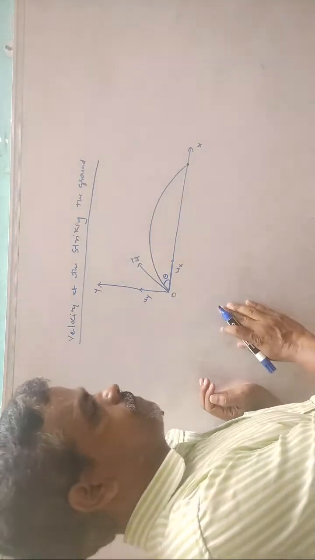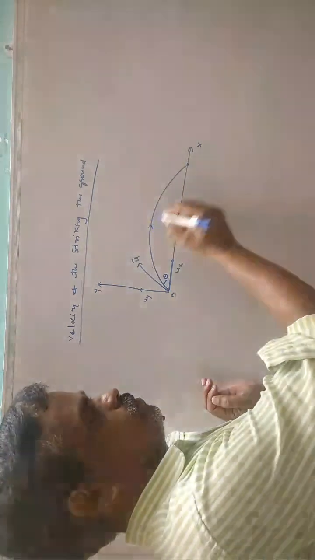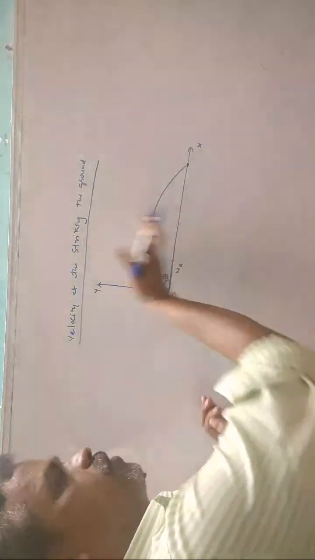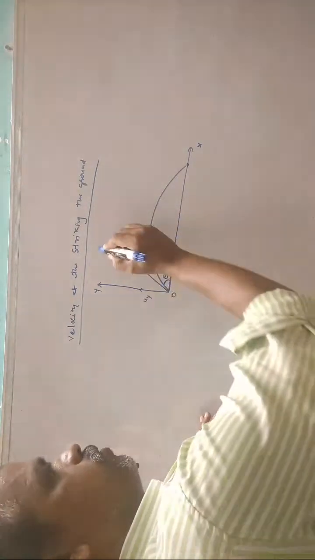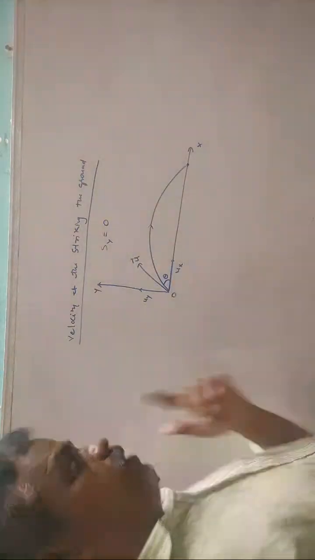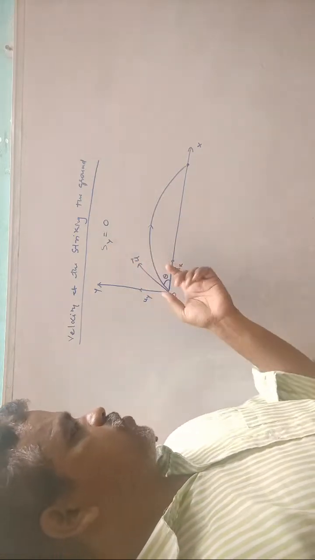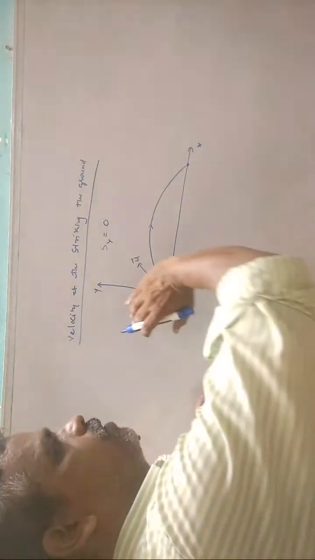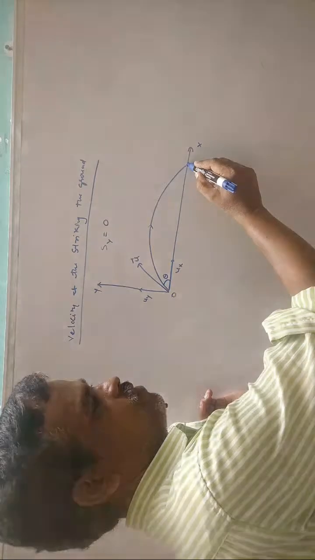See what happens here. The body starts at the origin and finally reaches the ground. So in the vertical direction, the body acquired displacement sy equal to 0. That means the displacement acquired by the obliquely projected body in the vertical direction is 0, because the body starts here and falls on the ground only.